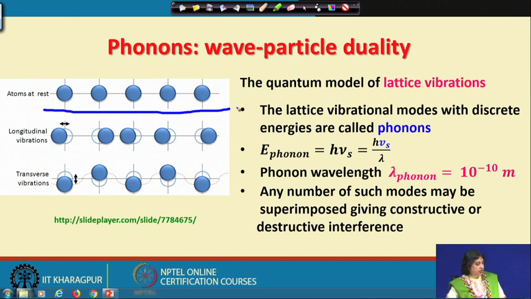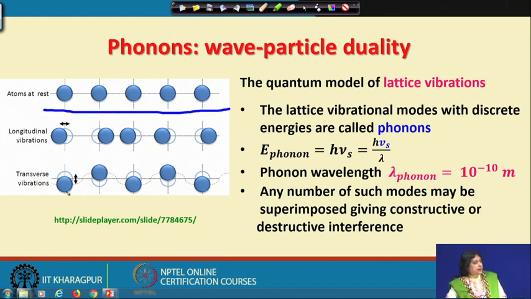But in the real world, you do not have the atoms at rest, but they are capable of executing small vibrational motion about their mean position at the lattice points, and this would generate some kind of displacement along this direction, along which we are periodically seeing the placement of the atoms. So, these are known as the longitudinal vibrations.